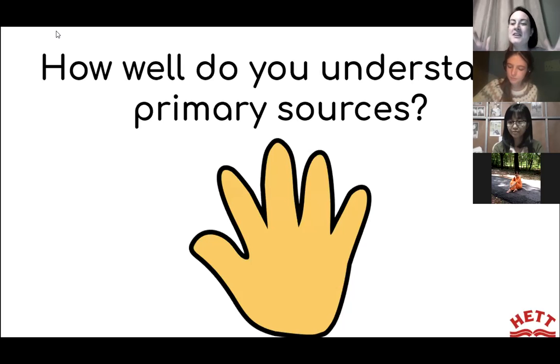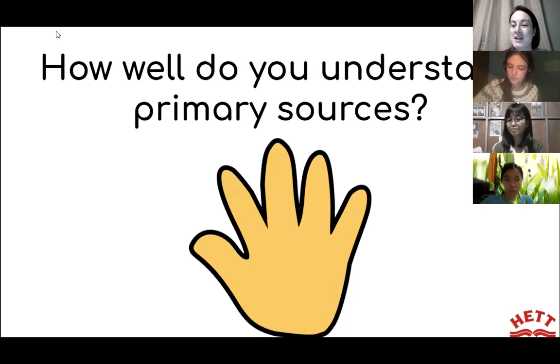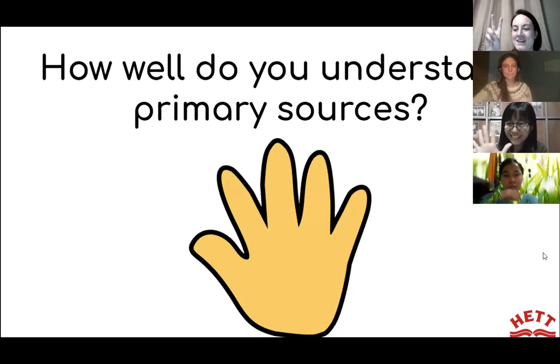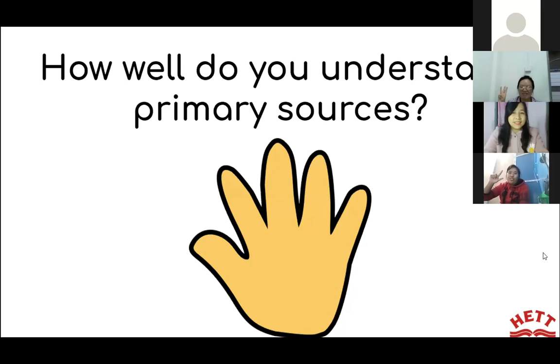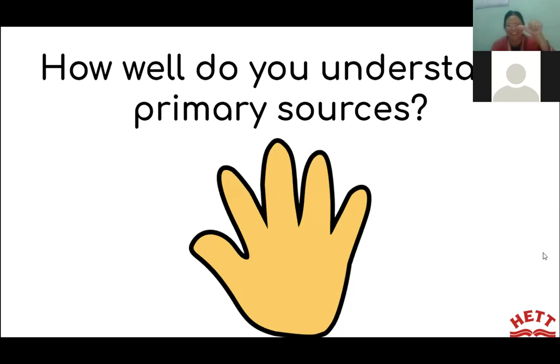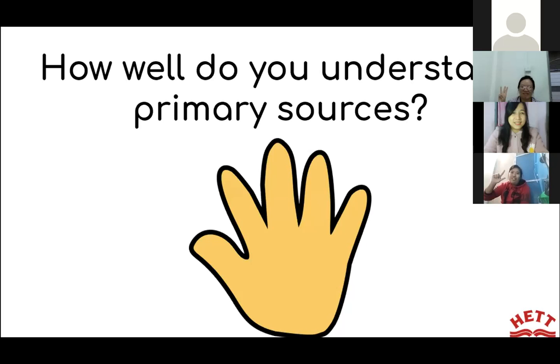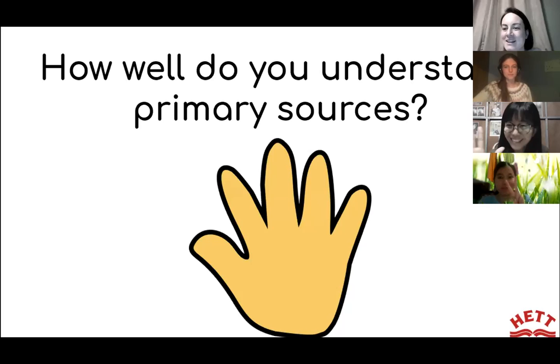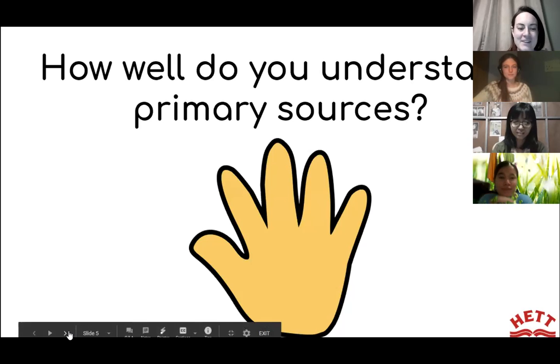I'd prefer if you turn your camera on and you can show me with your fingers. If not, you can type it in the chat box. On the count of 3, 1, 2, 3. How many fingers? I see some 2s, some 3s. Okay, very cool.